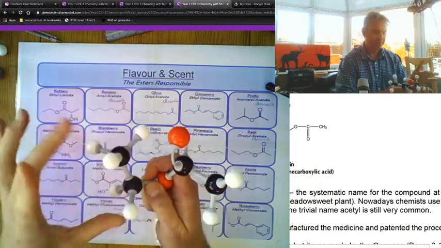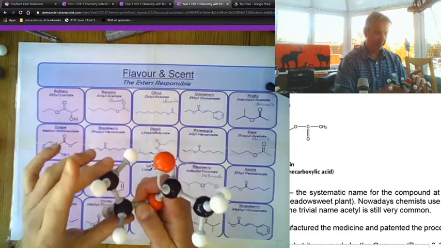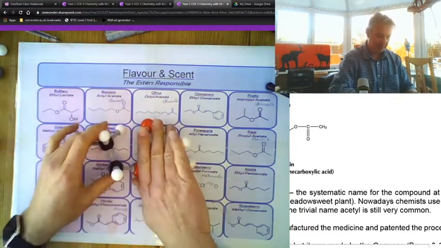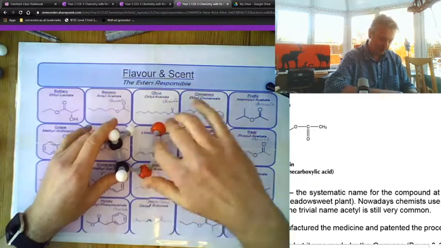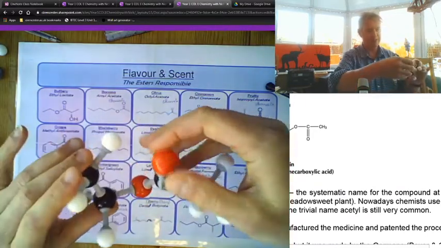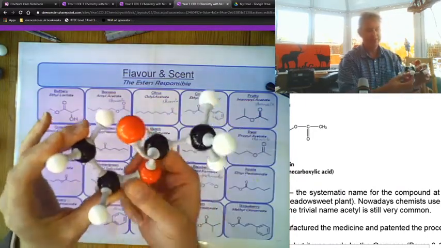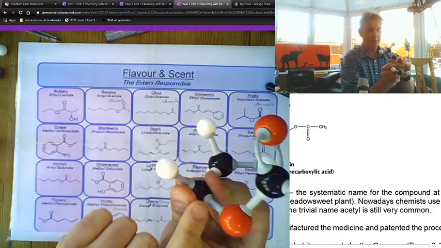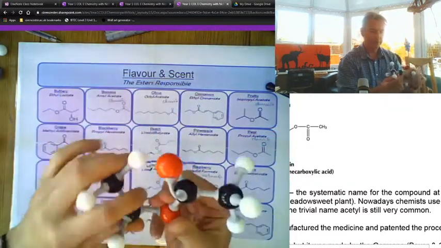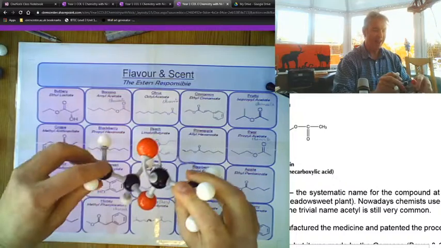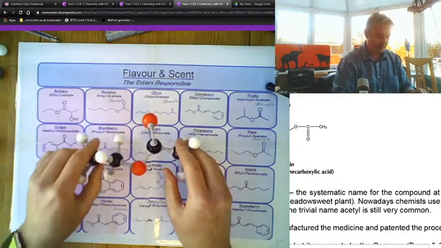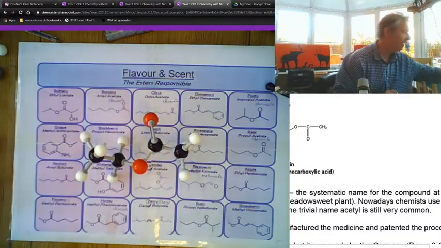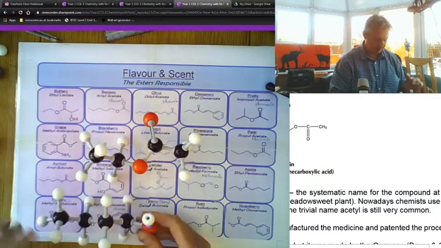The stem is ethyl. And then this bit, the rest of the main part of the molecule, you can imagine is the carboxylic acid, but without a hydrogen here, just the rest of the molecule. So this is ethyl ethanoate.